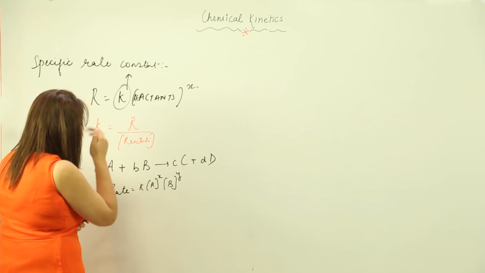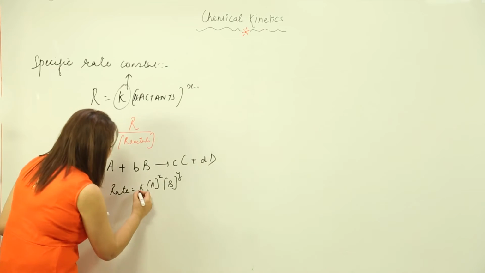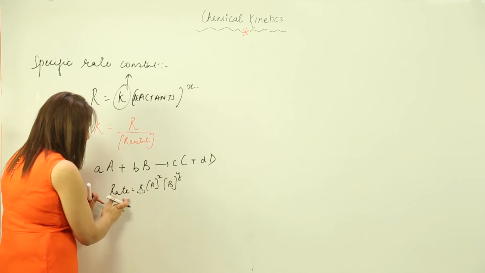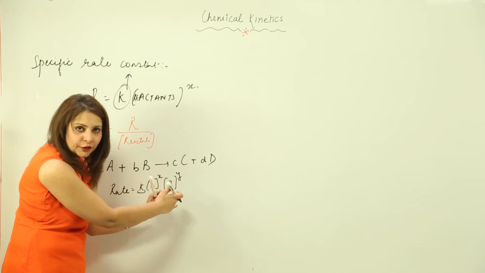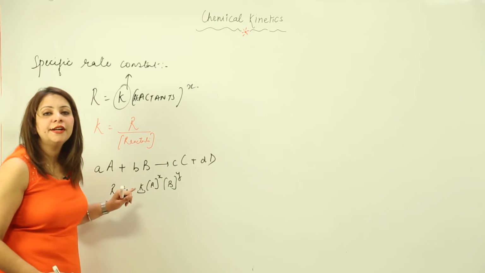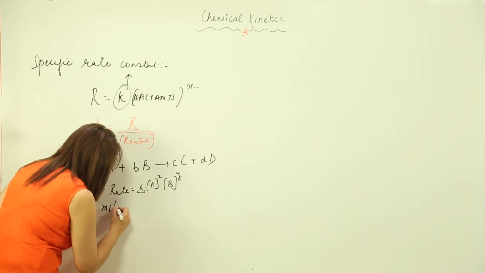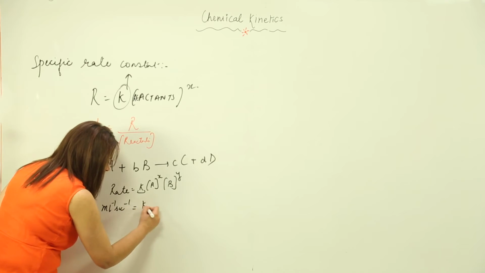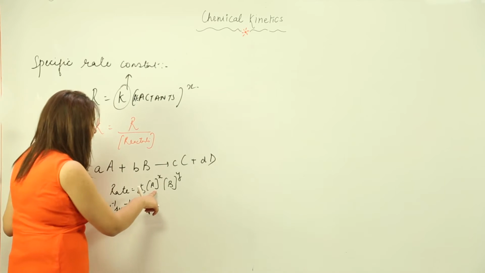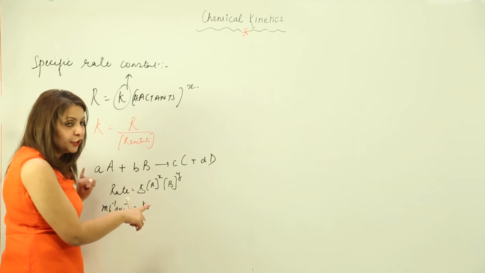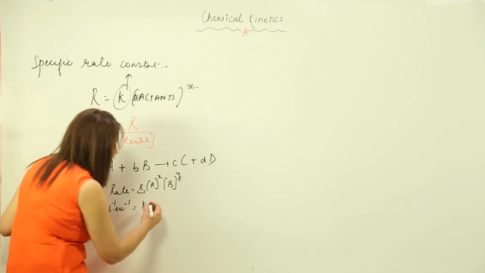If I want to know the units, first of all I am going to write the units for each term. In which unit is the rate of reaction calculated? You know that it is moles per liter per second. K we have to find, and in which unit do we take the concentration? We always take concentration in moles per liter.